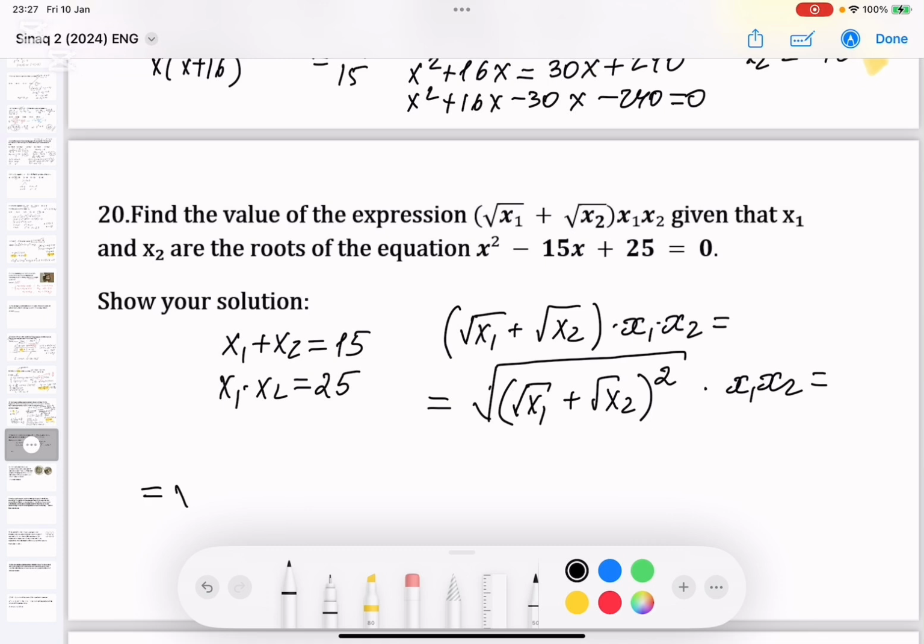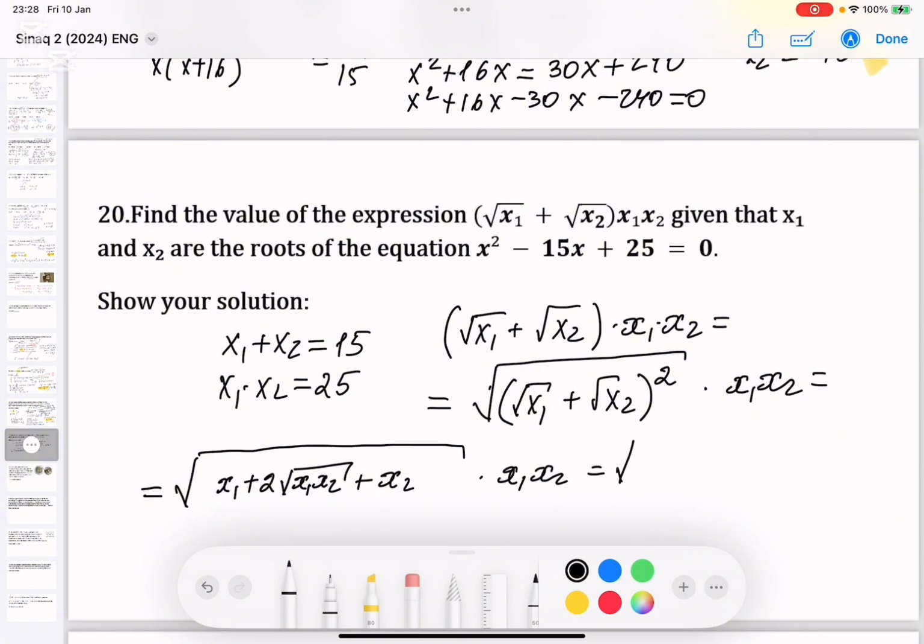And then I'm going to raise square root of x1 plus square root of x2 to the second power. I'm going to have x1 plus 2 times the square root of x1 x2 plus x2, times x1 x2.